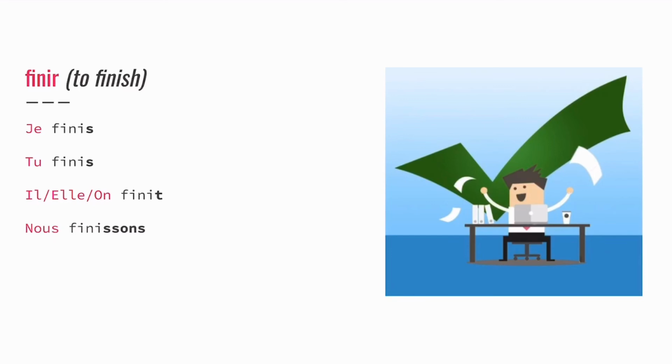Then for nous, you place two S's and then an O and S. For vous, you do the same, but with an EZ at the end. And then for ils and elles, you do the same, but with an ENT. And you pronounce it as finis.